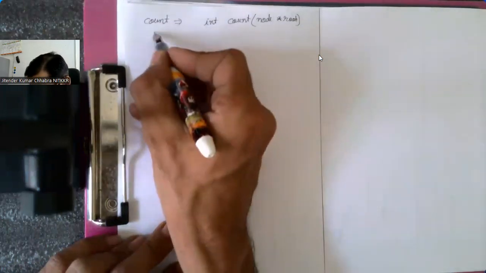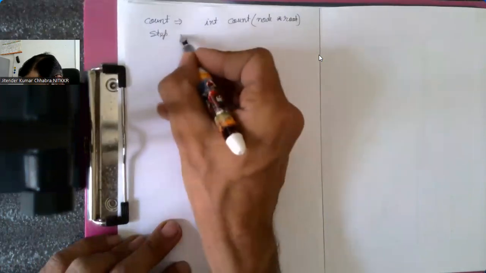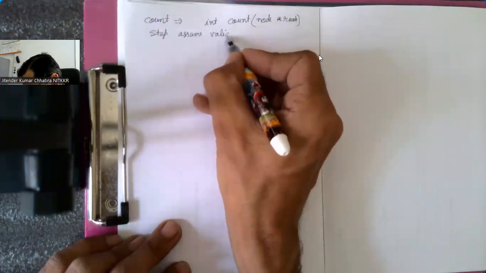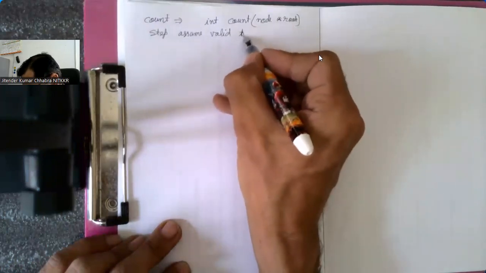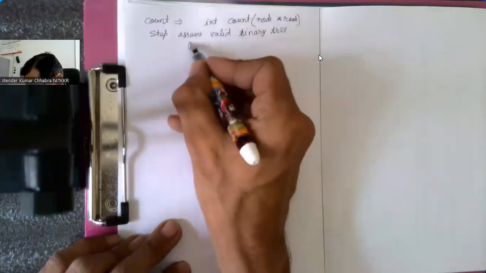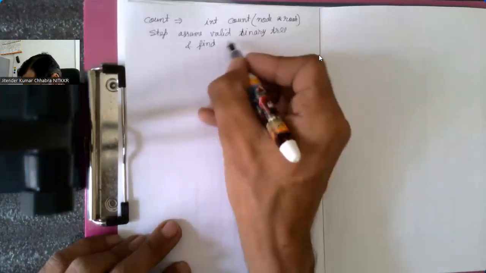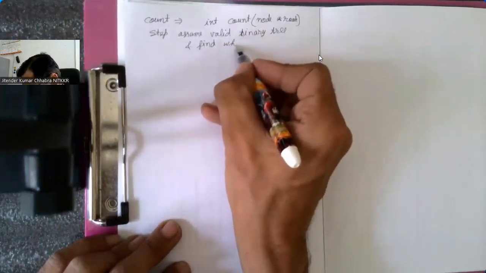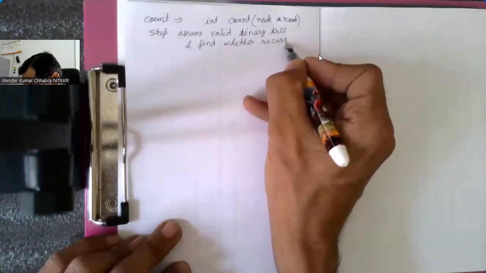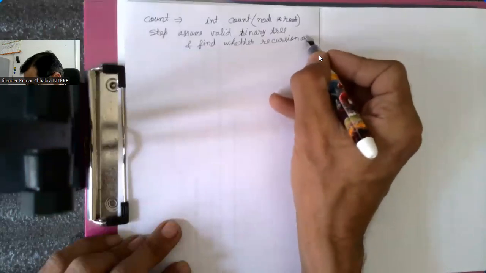So again, step 1, assume a valid tree, not null, valid binary tree, and find whether recursion will be useful or not. Whether recursion will be applicable or useful or not.